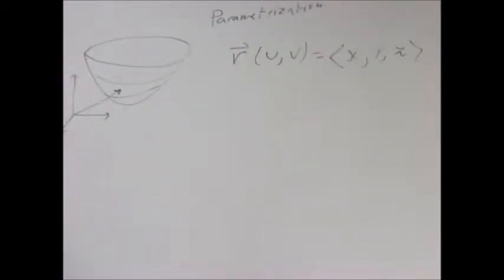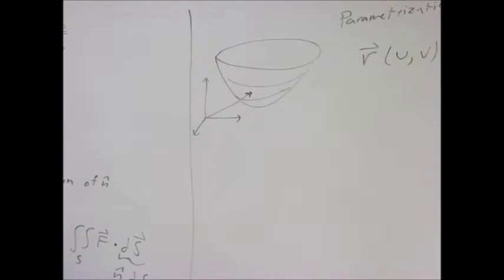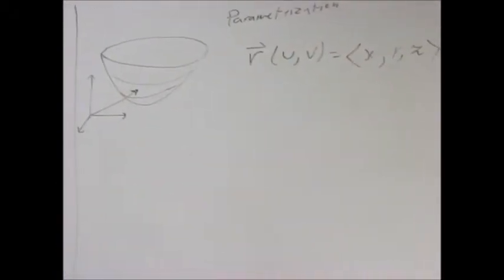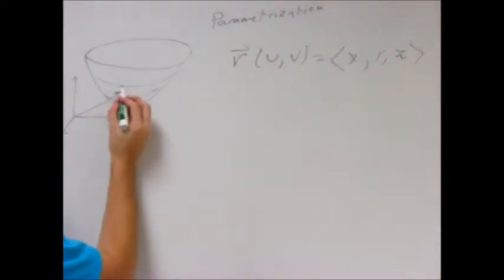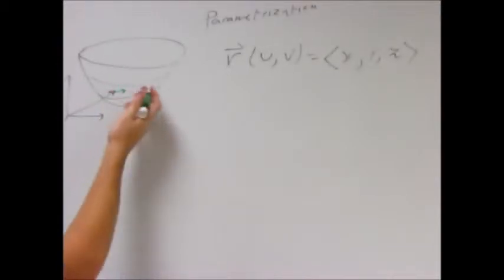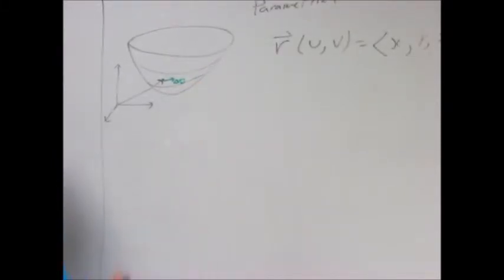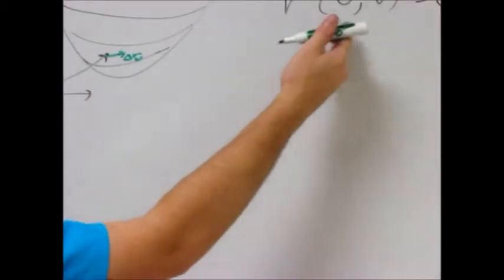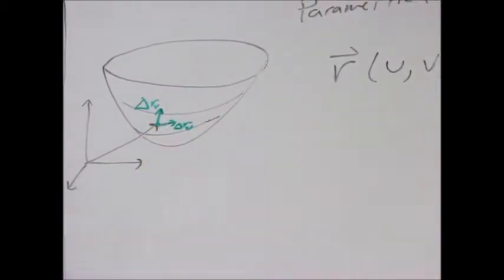So basically, the way to do this is you want to see how r changes as u and v change. So we want to see if you have v constant and change u a little bit, let's say it changes like this. So you have your displacement vector delta r with respect to u, and then if you hold u constant and change v, you have another displacement vector delta r with respect to v.